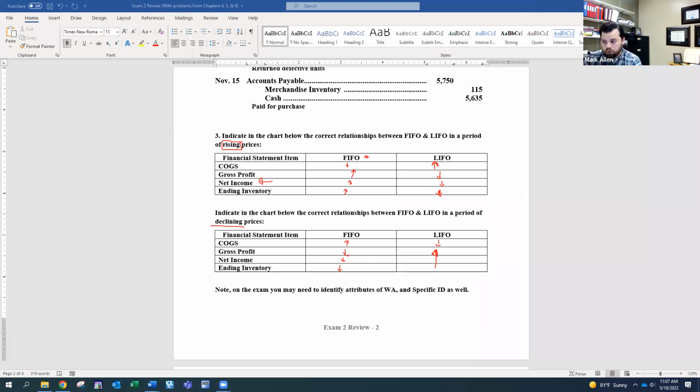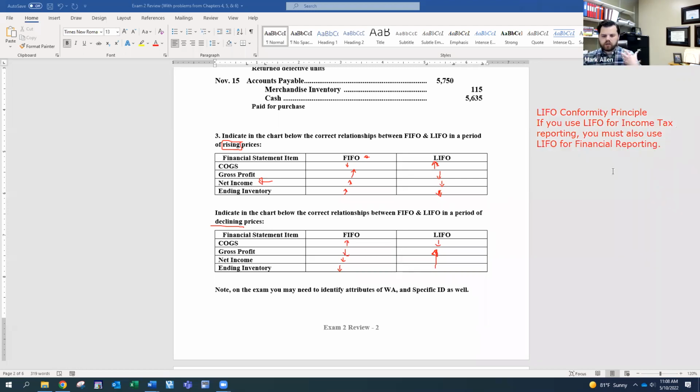And the answer is no. Out of this comes what becomes the LIFO conformity principle. The LIFO conformity principle says basically this, and this is a paraphrasing, that if you use LIFO for income tax reporting, in other words, to get that income tax break, you must also use LIFO for financial reporting.